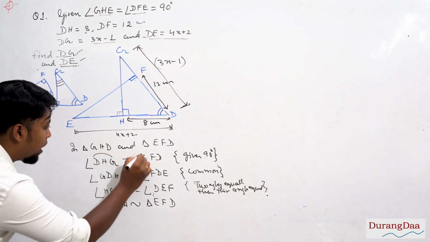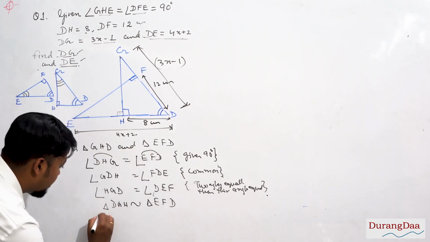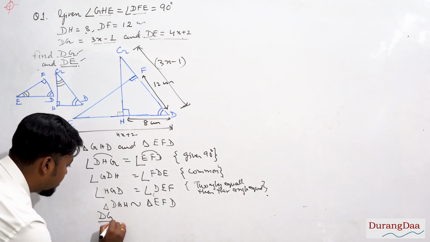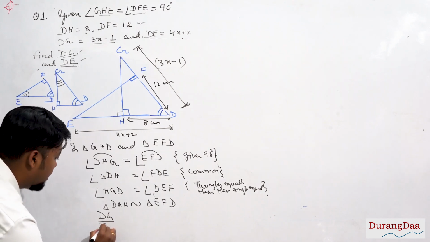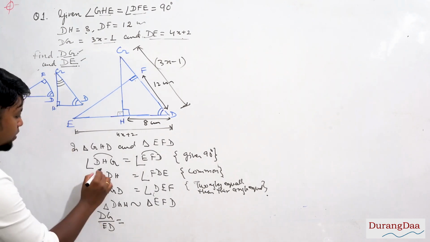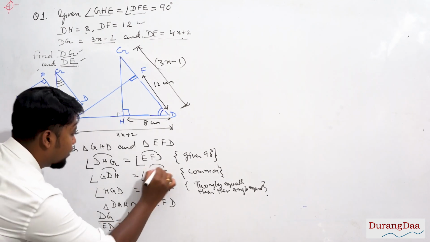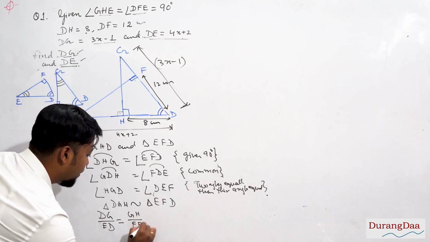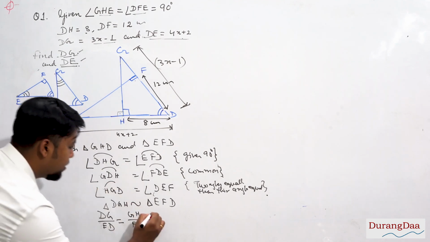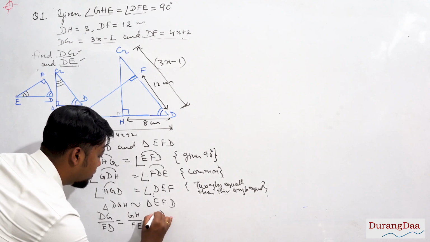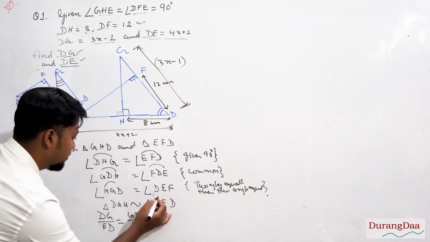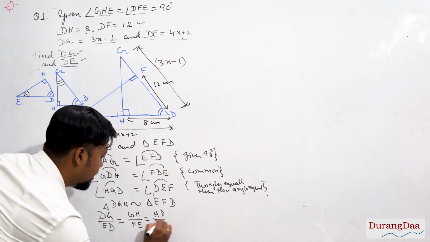So DG by ED equals GH by FE, and finally HD by DF.